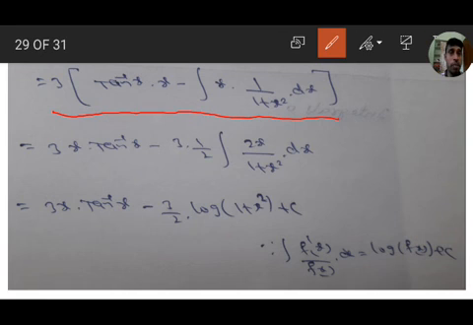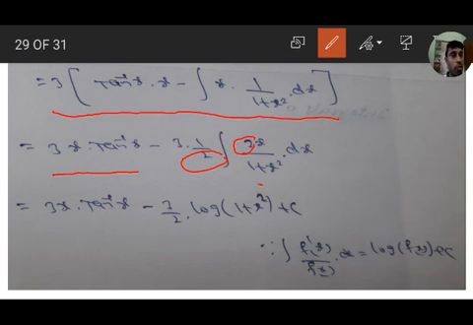So we get 3 times x tan inverse x minus 3 times the integral of x by (1 plus x square) dx. Multiplying and dividing by 2, we get 3 into 1 by 2 into the integral of 2x by (1 plus x square) dx, to get the form f dash x by f of x.